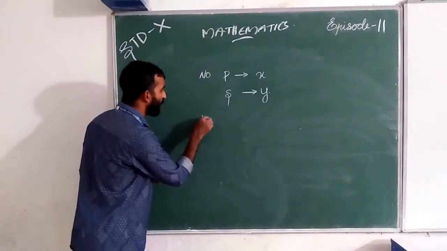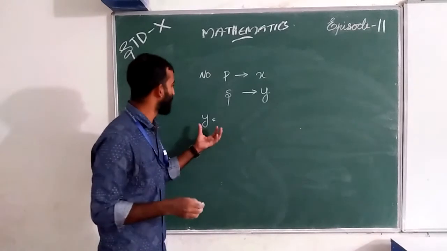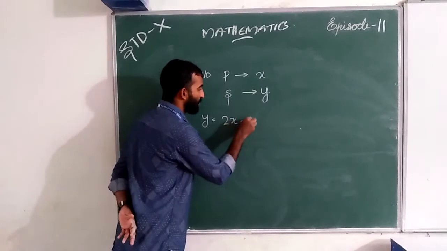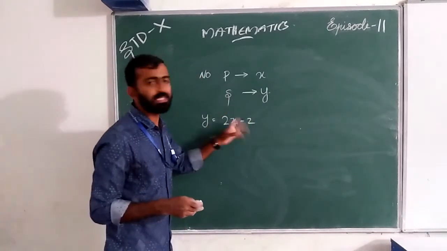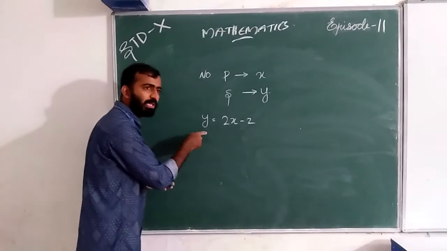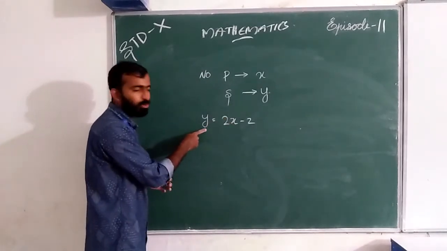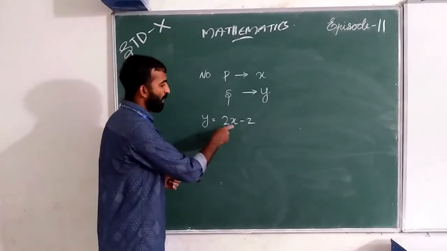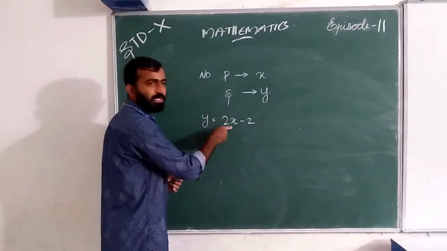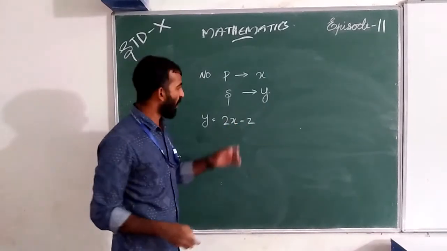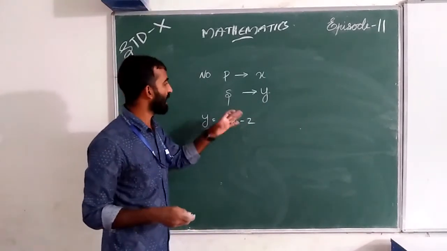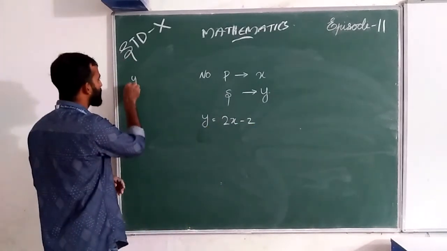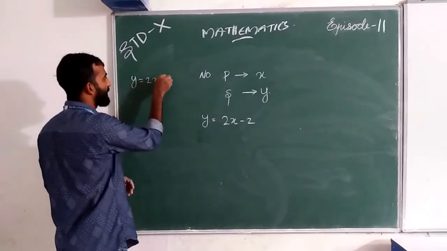That is, y equal to twice the number of pants less than 2. So in the first condition we can write this equation. Our first equation is y equal to 2x minus 2.